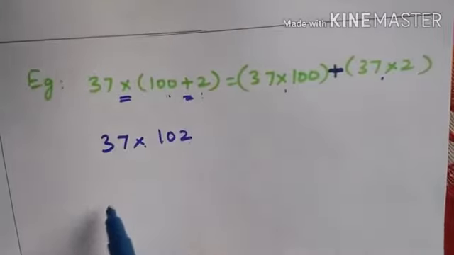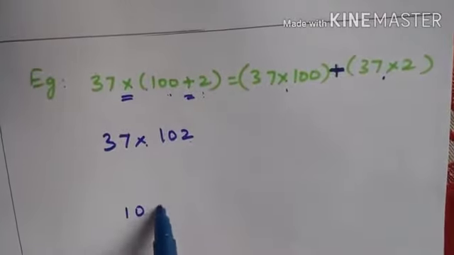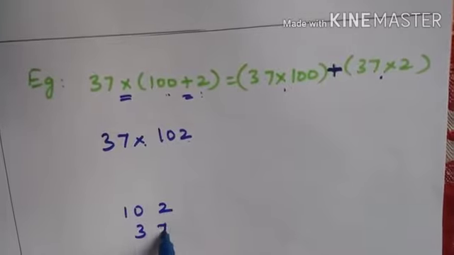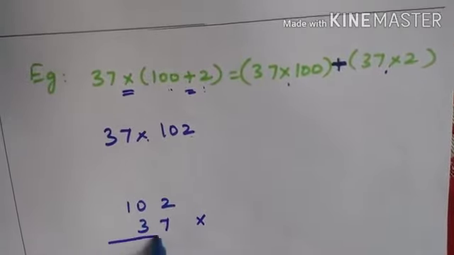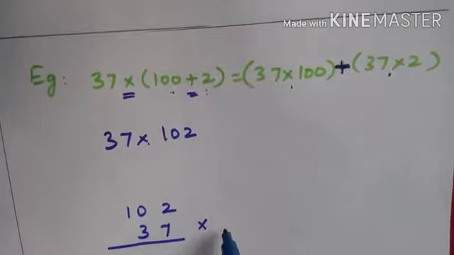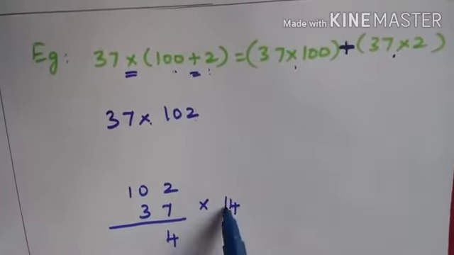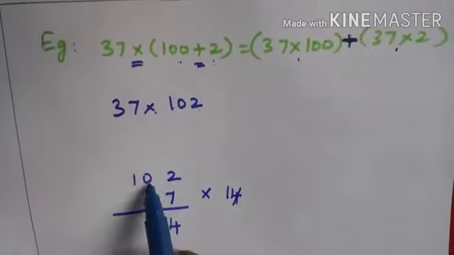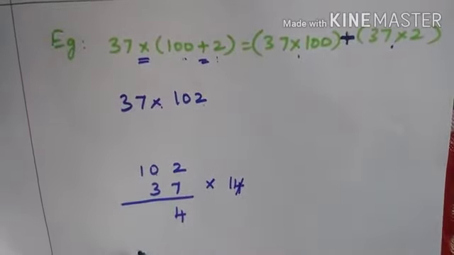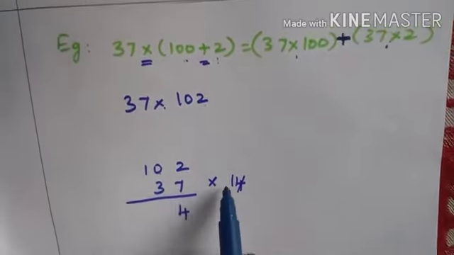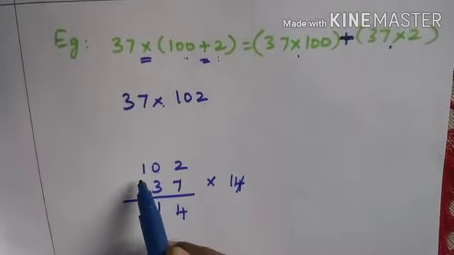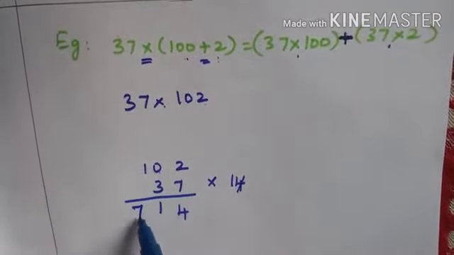So now we are going to multiply 102 and 37. 2 sevens are what? 14. So we are writing 4 here. 1 we are keeping as it is. 0 into 7 is what? 0. 0 plus 1 is 1. 1 7 is what? 7.